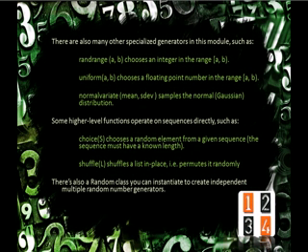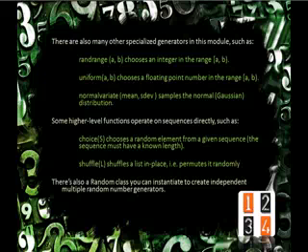There are also many other specialized generators in this module, such as randrange(a, b), which chooses an integer in the range a to b. uniform(a, b) chooses a floating point number in the range a to b. normalvariate(mean, sdev) samples the normal or Gaussian distribution.